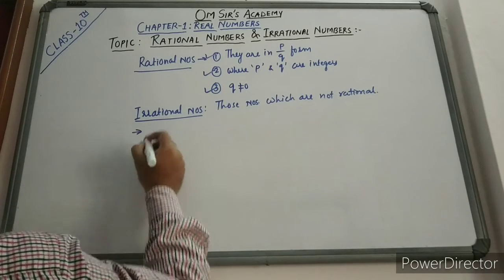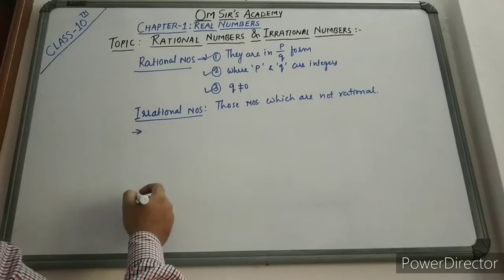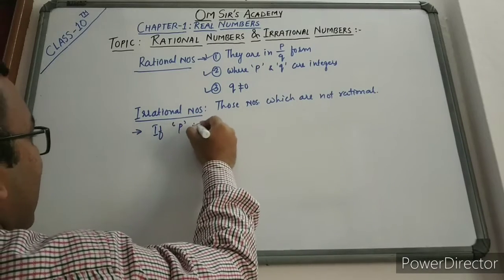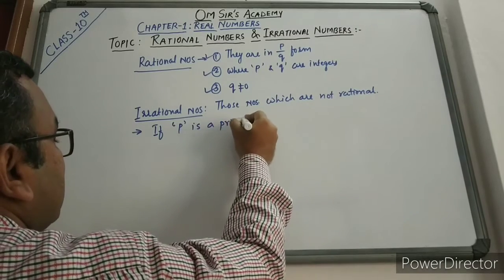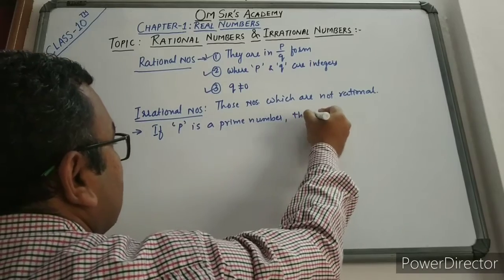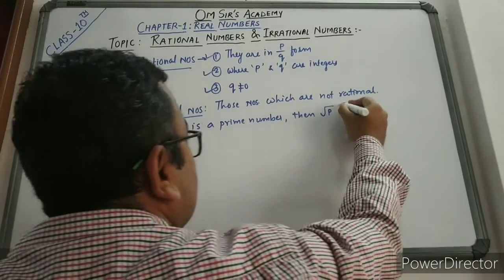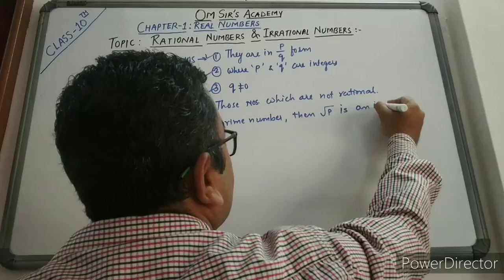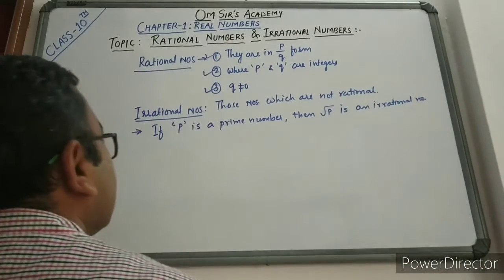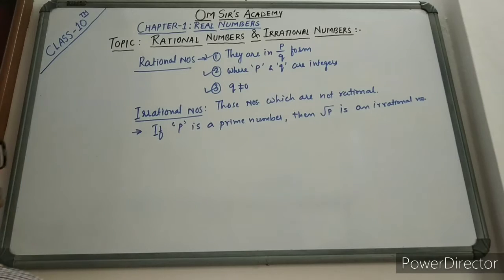There are some conditions in irrational numbers, that if P is a prime number, then root P is an irrational number. This is a very easy concept. So what are prime numbers? We know very well.